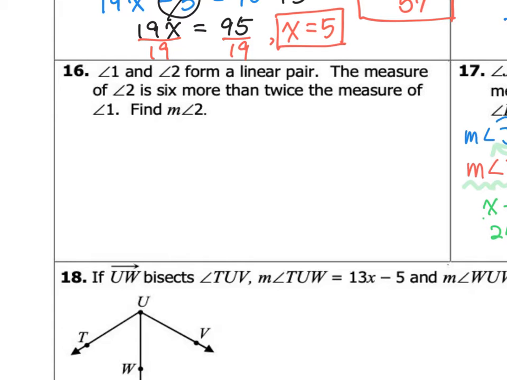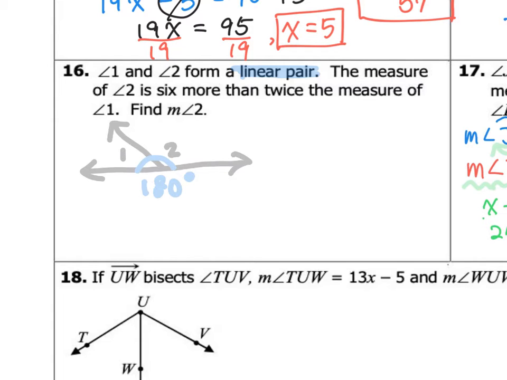Linear pair means they are on the same line. So let's say, I'm just going to draw. I'm not sure of the measurement yet, but that's angle 1, that's angle 2. They are lying on the same line, which means the total angle should be 180, because a linear pair is always supplementary.